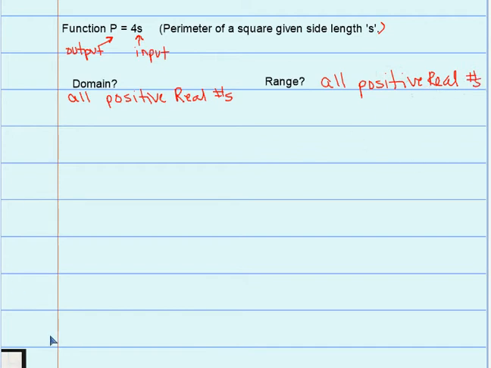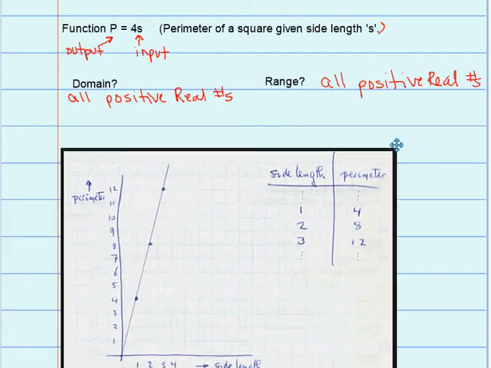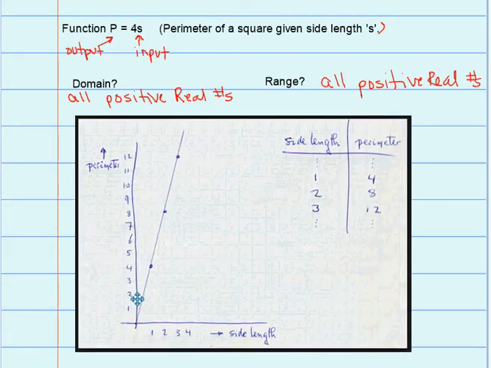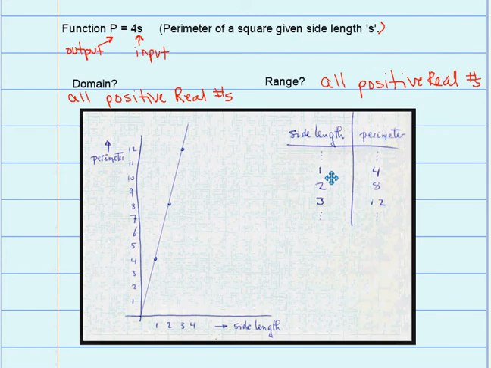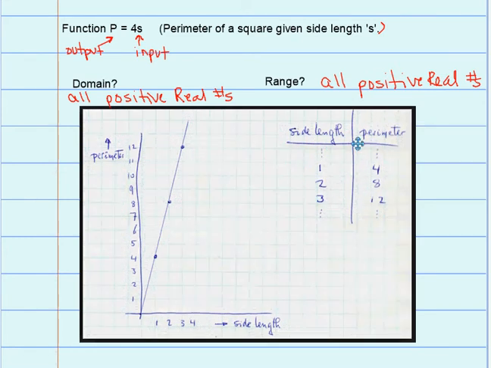Okay, so let's bring up the example here. Looks like this. Here's a graph. We did the input-output table here, a function table with the side length and the perimeter, and we calculate what our output is, and then we graph them.